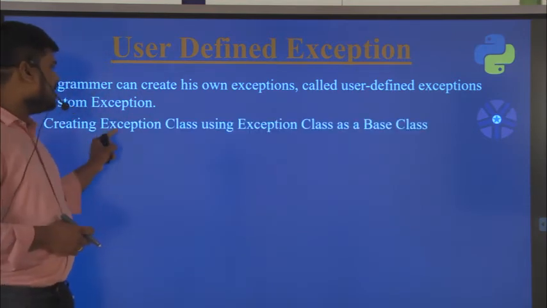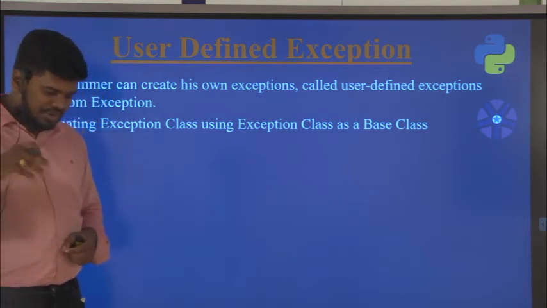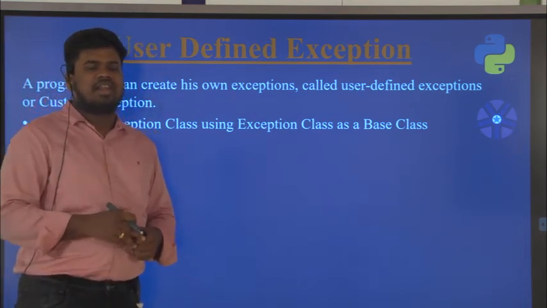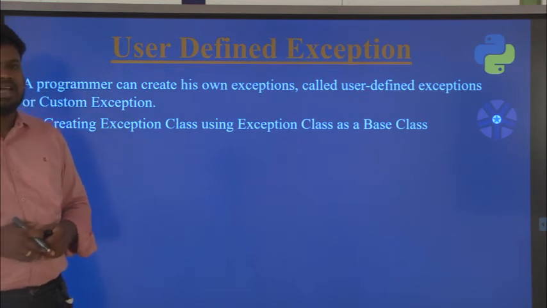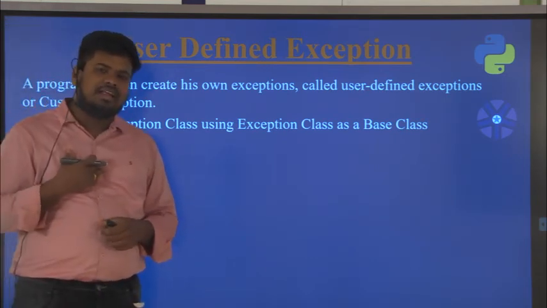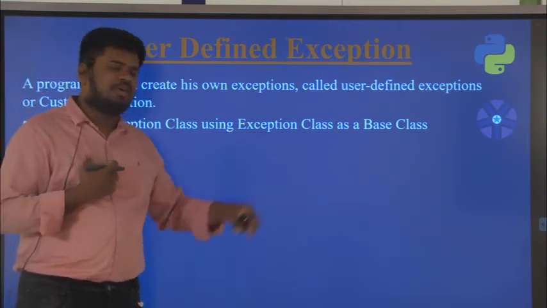So creating an exception class using the Exception class as a base class. In inheritance we have a base class and a derived class. A base class is nothing but a parent class. Here, if I want to create my own user defined exception class, what I have to do is take the help of the Exception class.